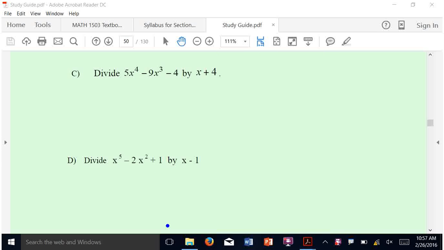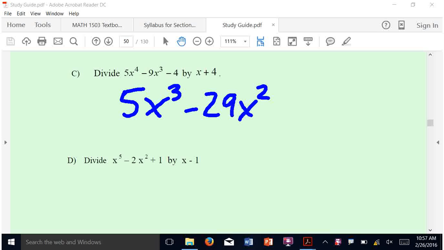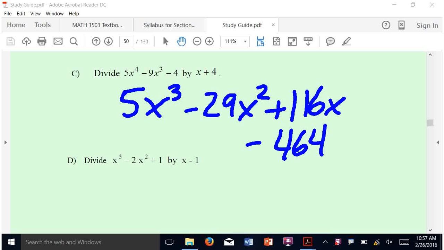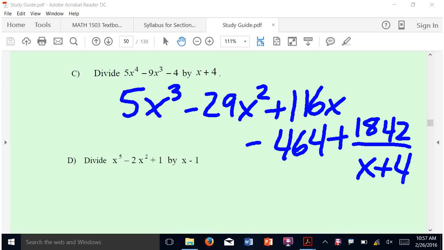So our answer is 5x cubed minus 29x squared plus 116x minus 464 plus the remainder over x plus 4.